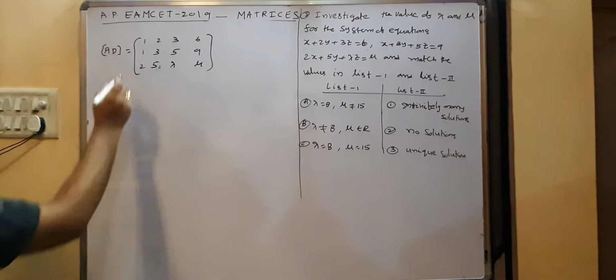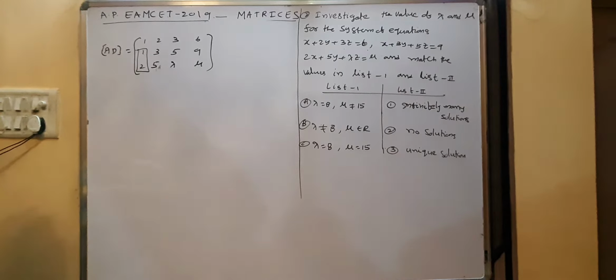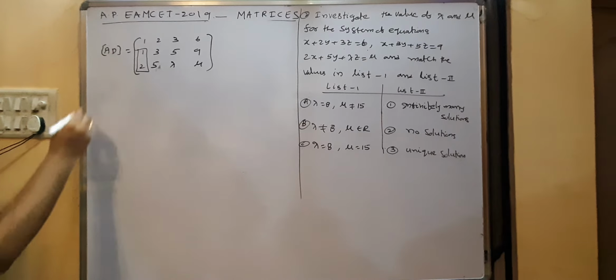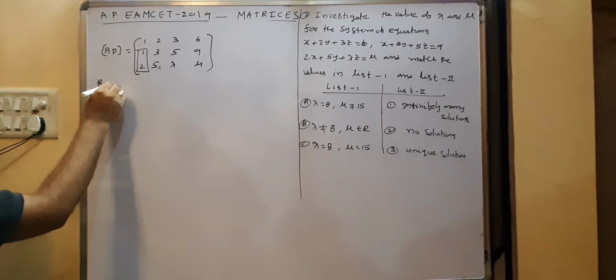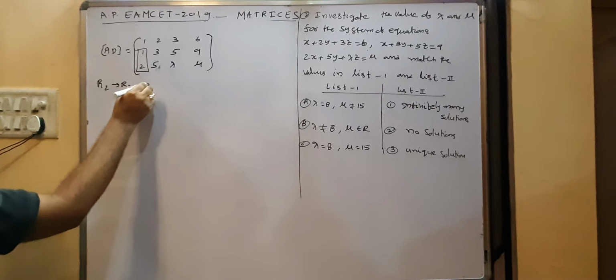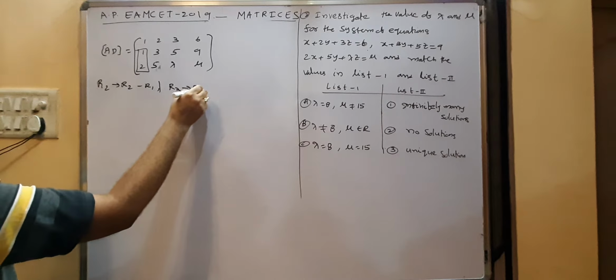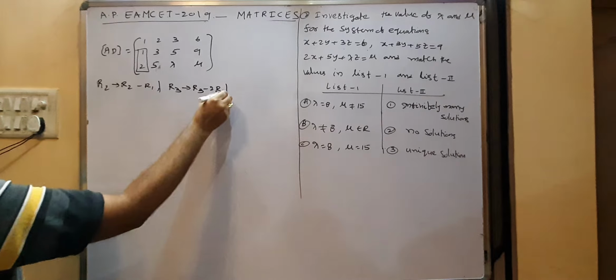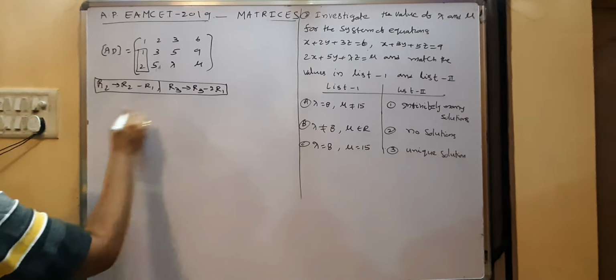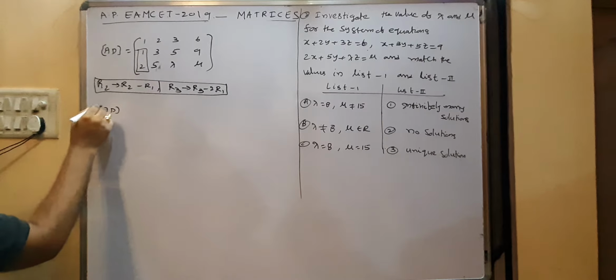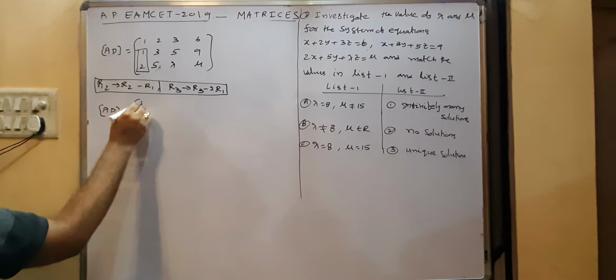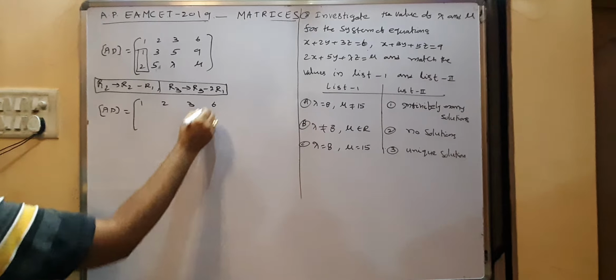Make the second row first element and third row first element 0 by using row operations. So R2 tends to R2 minus R1, R3 tends to R3 minus 2R1. We know this operation very well. Now AD becomes: first row, no operations applied, so same.